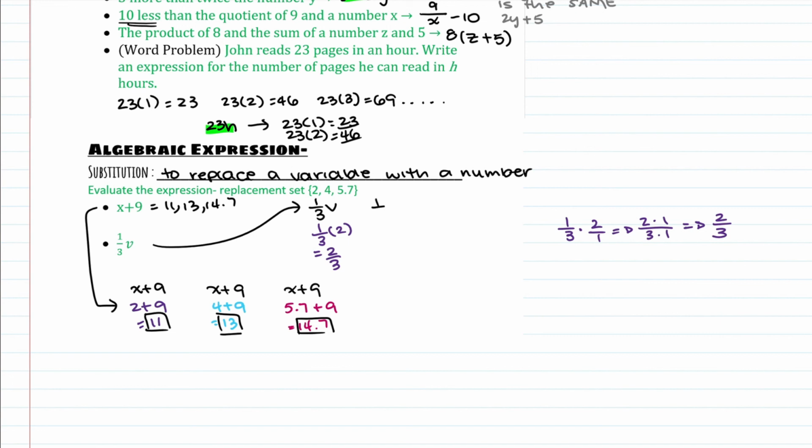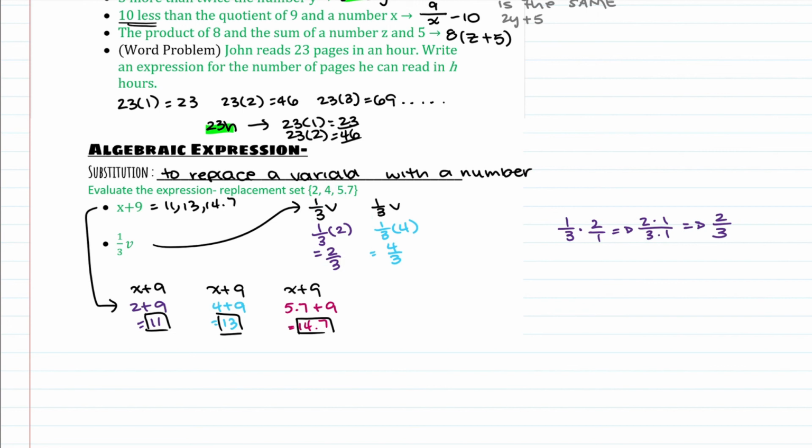Now we have 1/3 v, and this time we're going to be plugging in 4. So 1/3 times 4 should get us 4/3. We're doing the same thing as we did over here for our previous part.